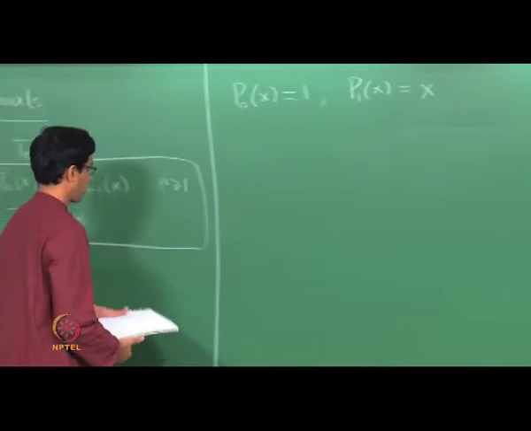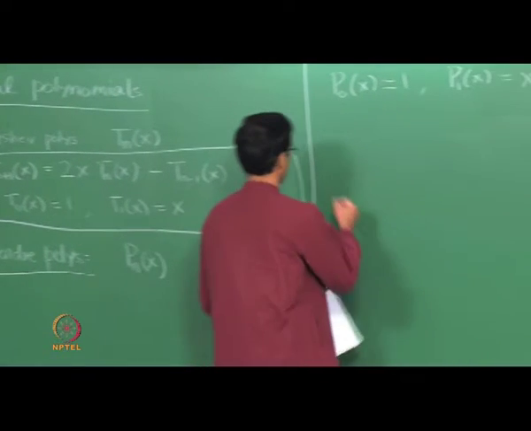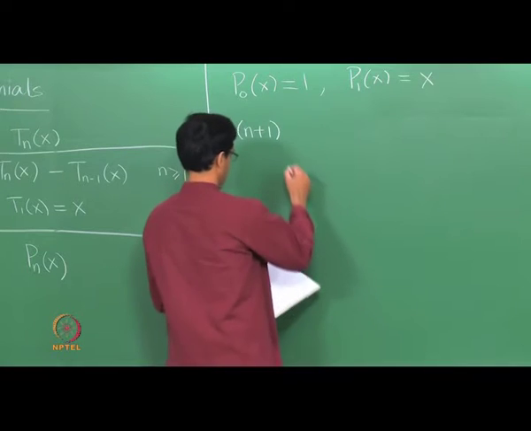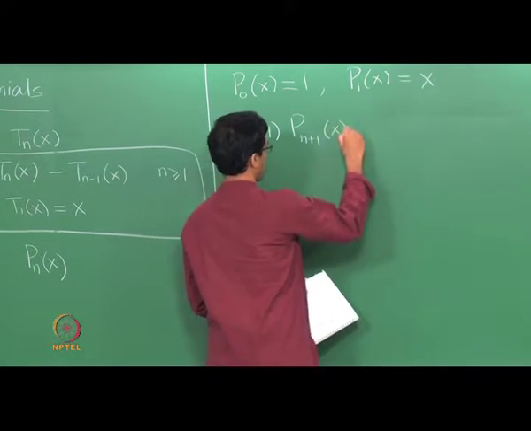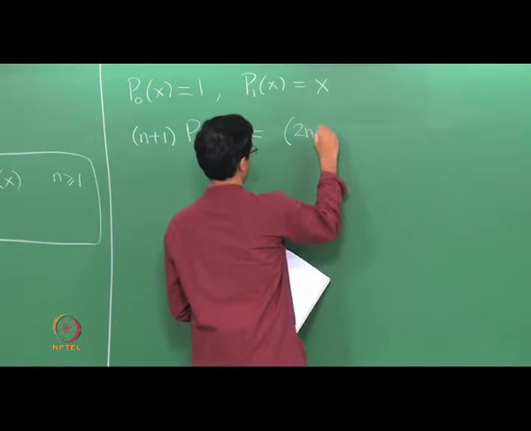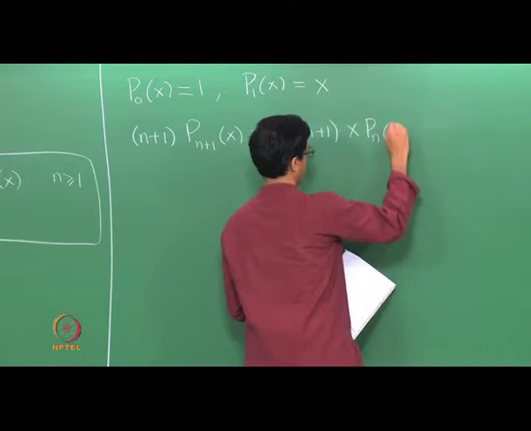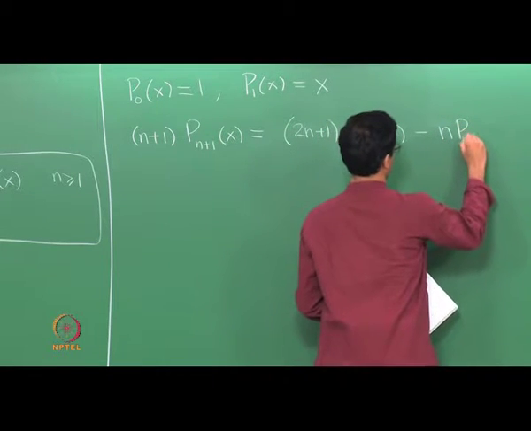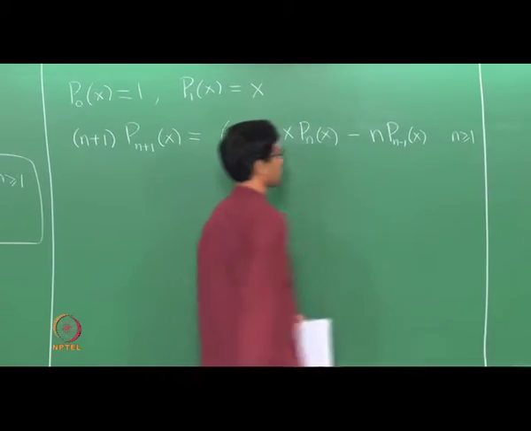So, the two initial values are the same as in the Chebyshev case, but the recurrence relation is different. Now, we will consider the following recurrence: n plus 1 times Pn plus 1 is the same as 2n plus 1 times x Pn minus n times Pn minus 1, which again holds if n is at least 1.